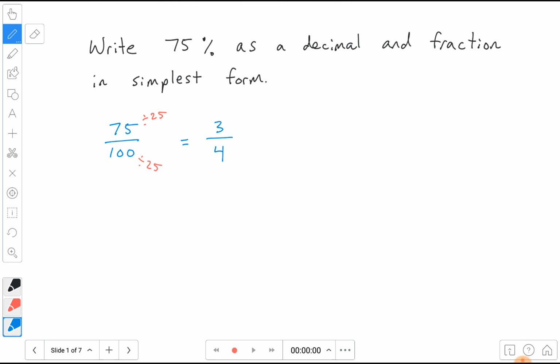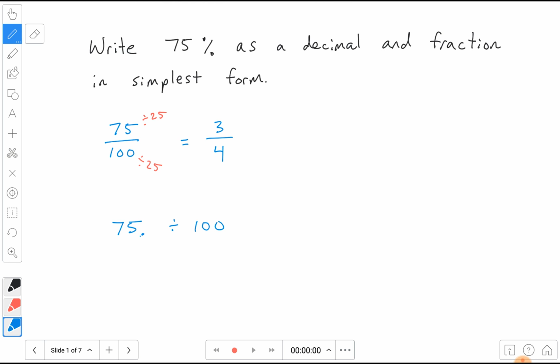If we're looking for the decimal, we're also looking at 75 over 100. 75 over 100 means 75 divided by 100. And when we divide by 100, we take the decimal and move it to the left 2 spots. So 75 is 75.0 if we wanted, so the decimal would be right here.